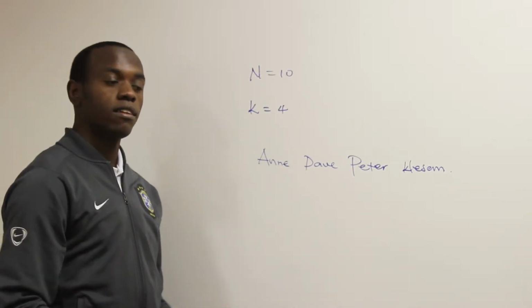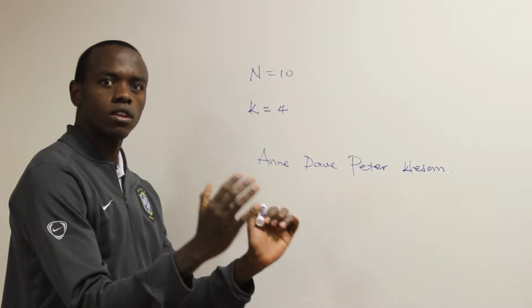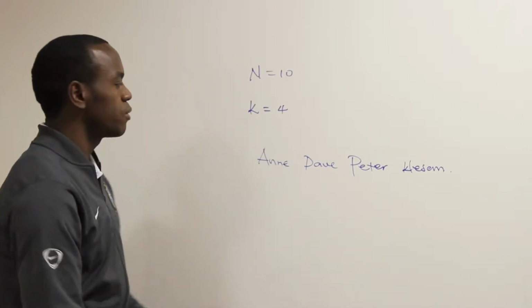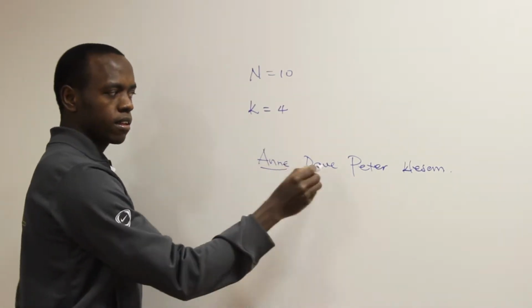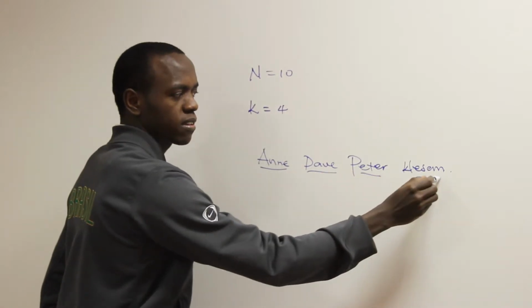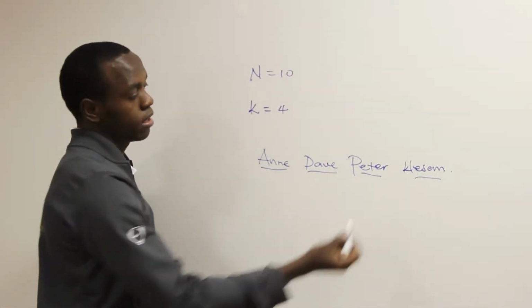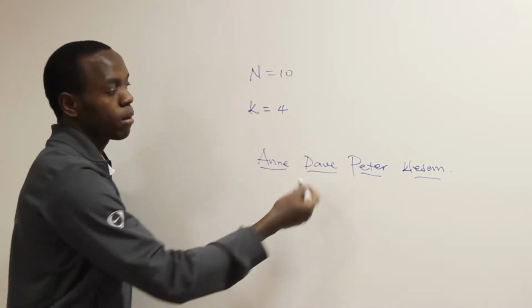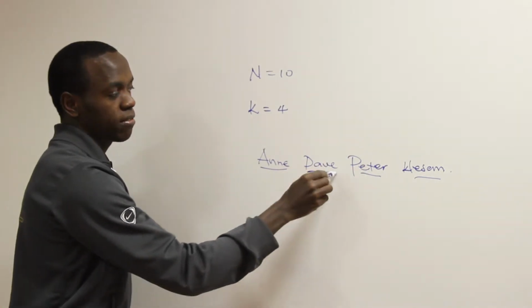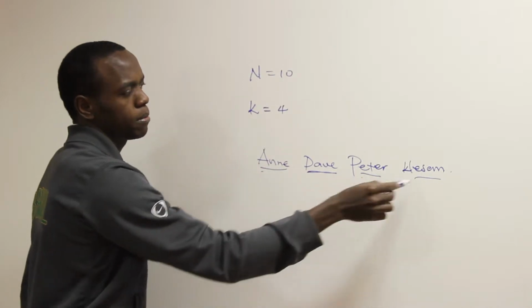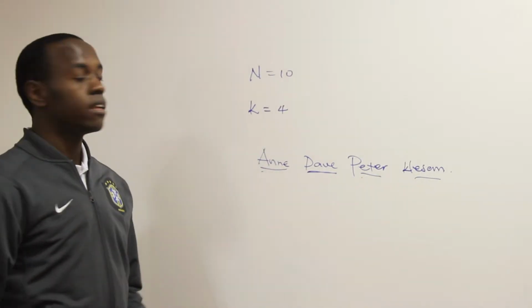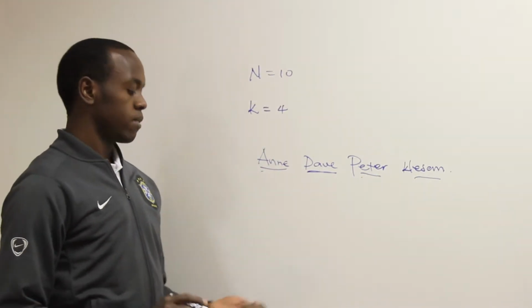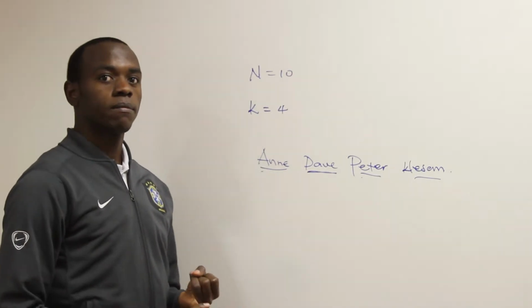All I'm interested in is the 4 people in that subcommittee. It doesn't really matter if I chose Anne first, then followed by Dev, Peter, or Wissam, or if I did it the reverse way, choosing Wissam first, Peter, Dev, then Anne. Or probably interchange them, choosing Dev first, followed by Anne, followed by Peter, followed by Wissam. It doesn't really matter. So in this kind of problem, the order doesn't really matter.